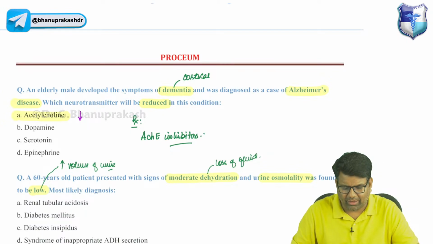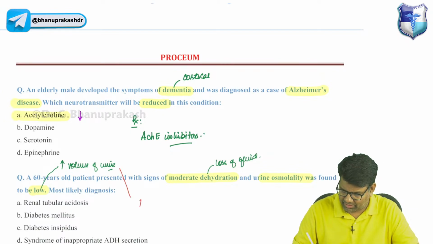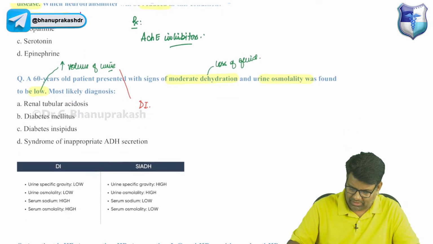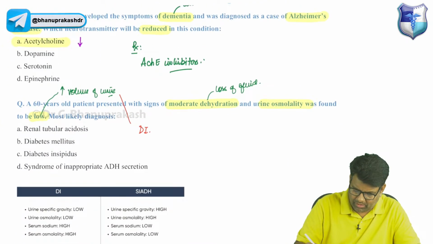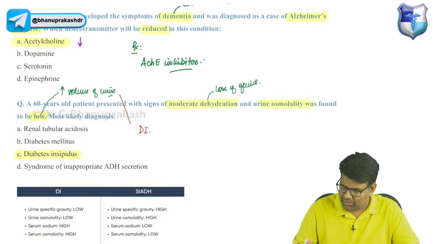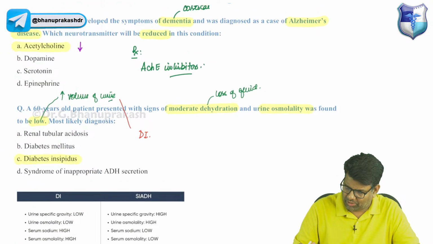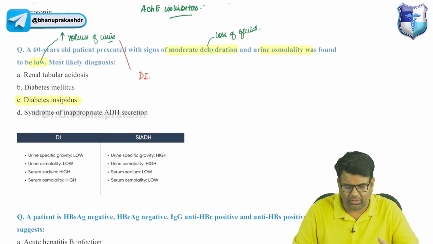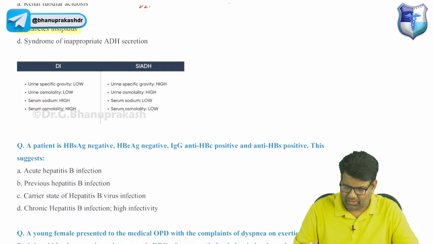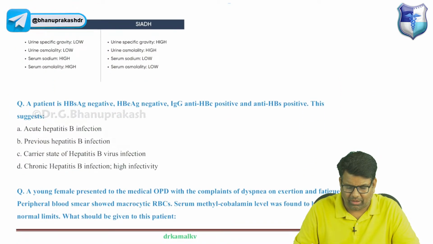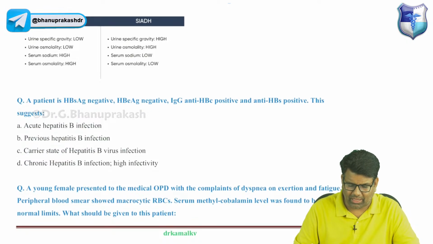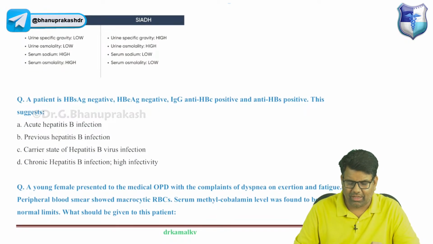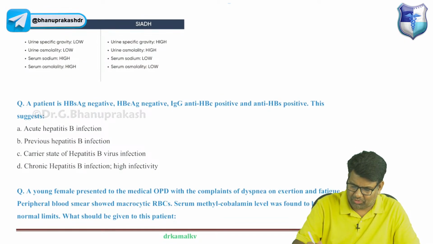I think everyone will agree that it is diabetes insipidus. Hypotonic urine and dehydration, because fluid is going out in the form of urine. SIADH will have high urine osmolality, which means concentrated urine.